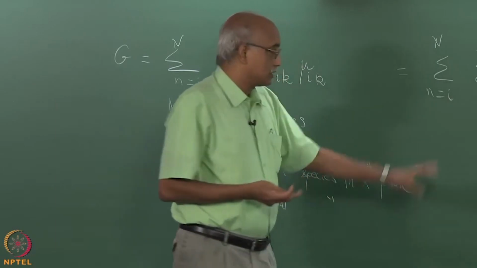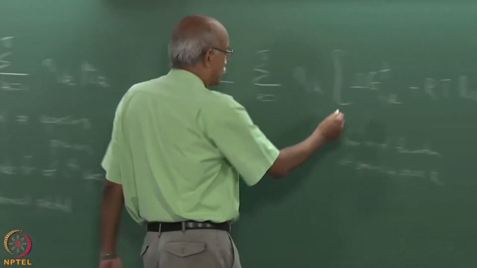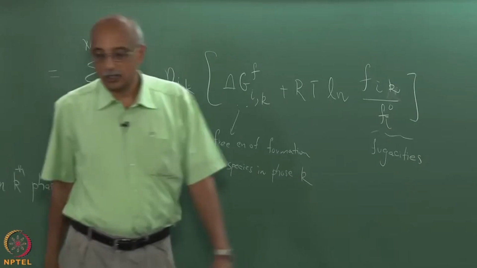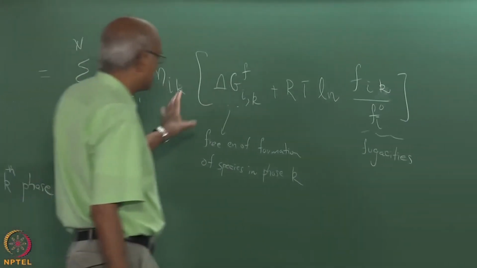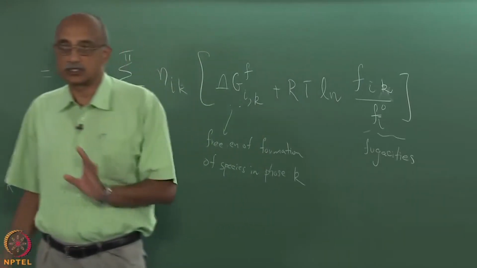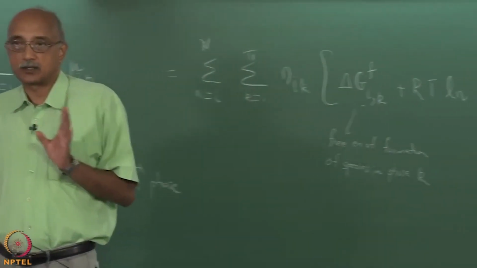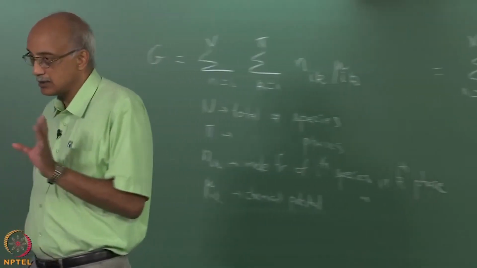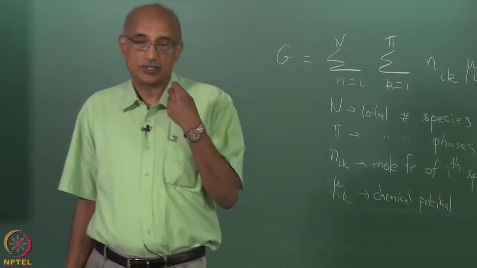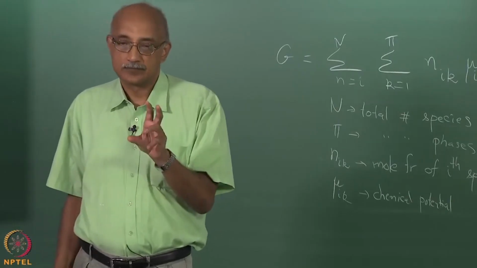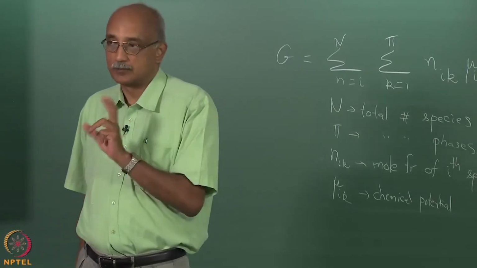So, once you have written it this way, delta G F is typically available in various handbooks. In order to solve the system of equations, you need to have a good numerical algorithm, and actually the technique that is most widely used is what is known as direct search optimization, which enables you to home in on the global minimum very quickly.